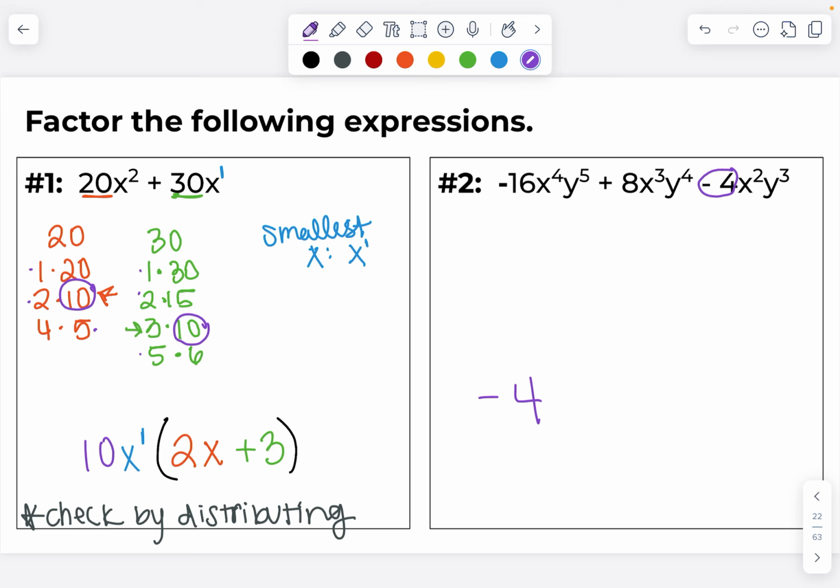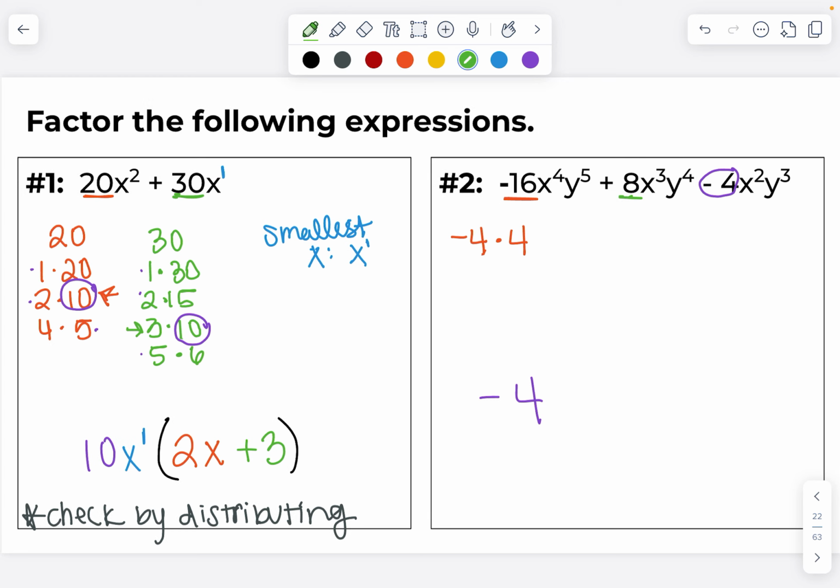And what gets left behind if I pull a negative 4 out? Negative 4 times what would give me a negative 16? It would be a positive 4. Here, negative 4 times what would give me a positive 8? Notice this is a positive in front of that 8.